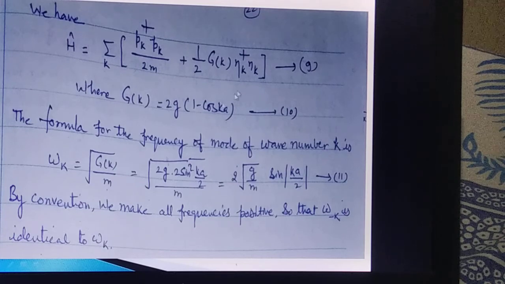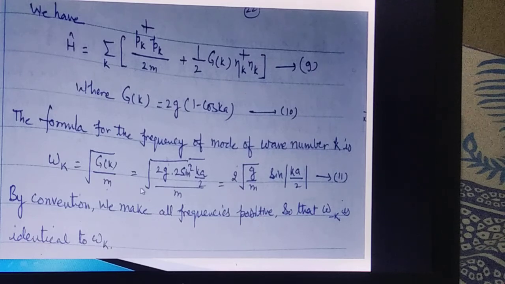the frequency of the oscillation is omega k equal to square root of Gk over m, where the value of Gk is equal to 2g into 1 minus cos ka, and 1 minus cos ka can be written as 2 sin square ka by 2.